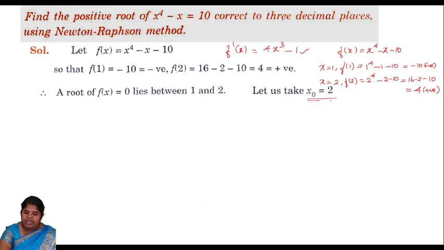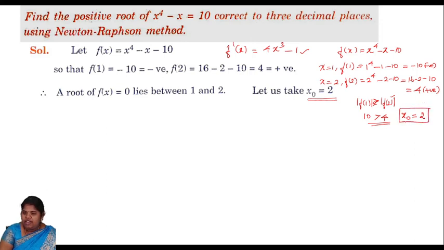So we take the initial value x naught as 2. In between 1 and 2, we take the value x naught as 2. Since modulus f of 1 is greater than modulus f of 2, that is, since 10 is greater than 4, we take the initial value nearer to f of 2, that is nearer to 2.